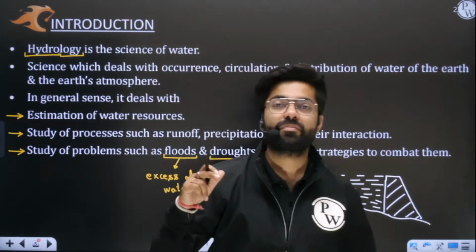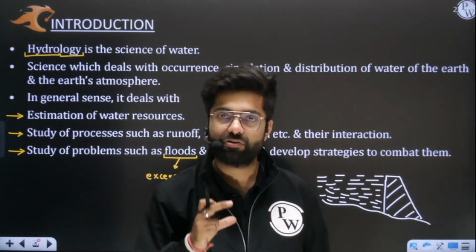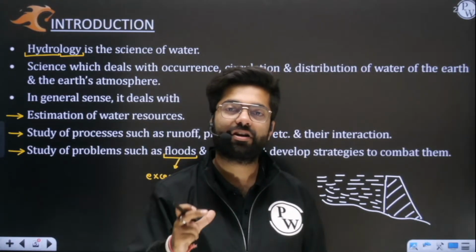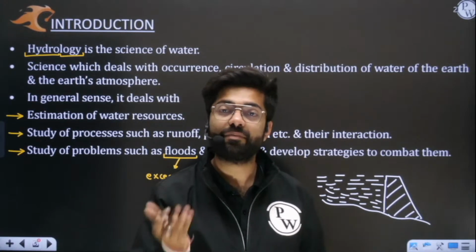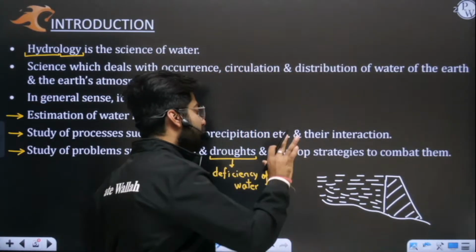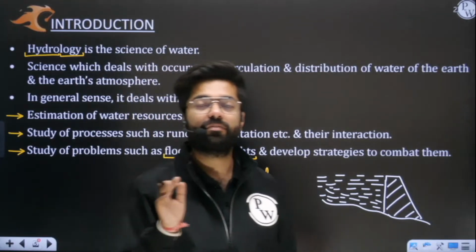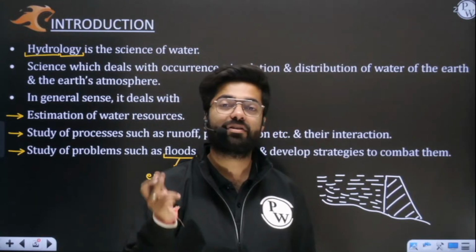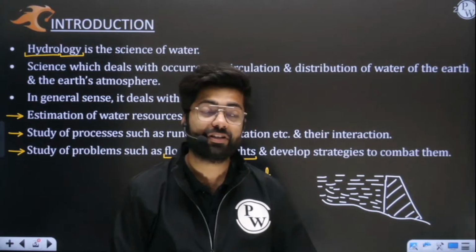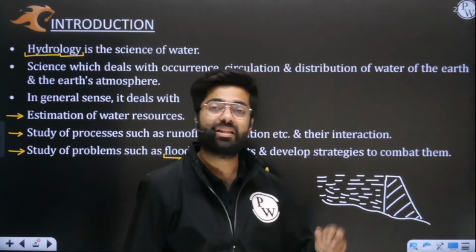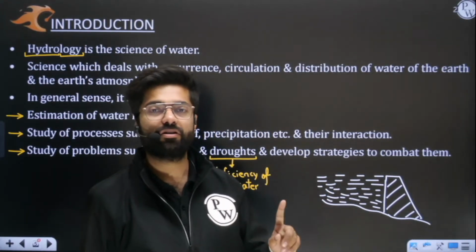So when excess water is there in monsoon season, we will try to store that water behind huge dams, yes or no? So that when the dry season comes and rainfall is not there, then we will utilize this water, yes or no? Can you understand?